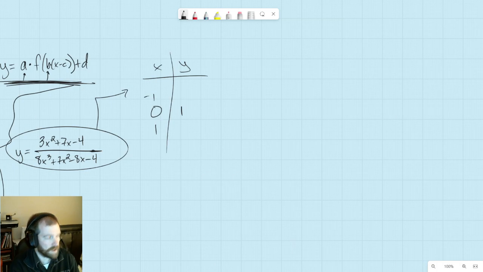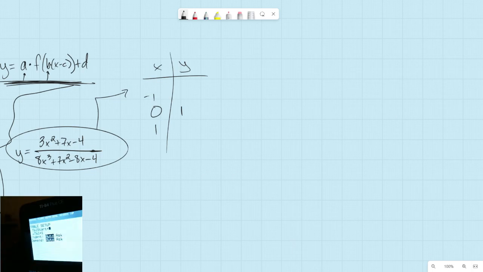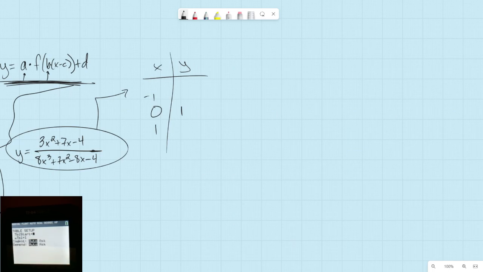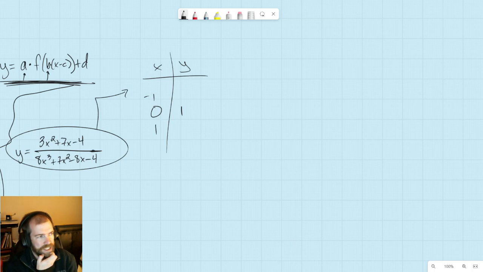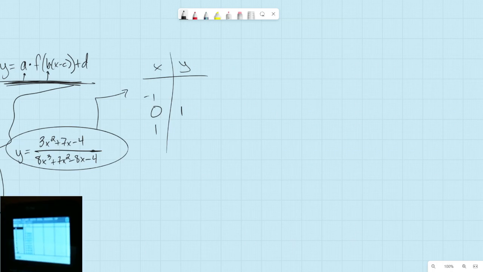Alright, and then go to second graph, which is a table. If you do table set, generally speaking, it's going to be on independent, ask, or auto, and I'm going to start with 0 and a change in table of 1. When you do that, you can go to the table and get your individual table of values like this.